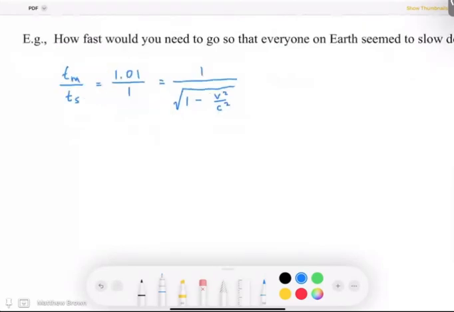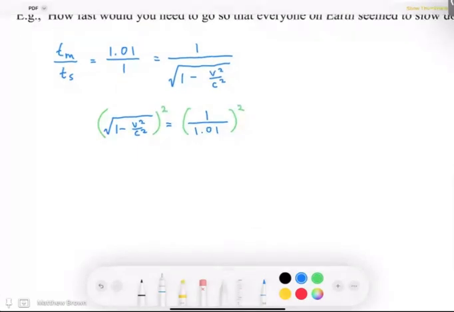In this case, you can multiply both sides by this square root thing, divide both sides by 1.01, and then we can square both sides. And that means 1 minus v over c squared.